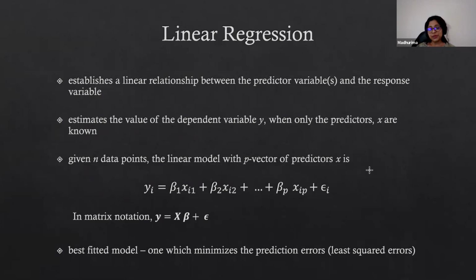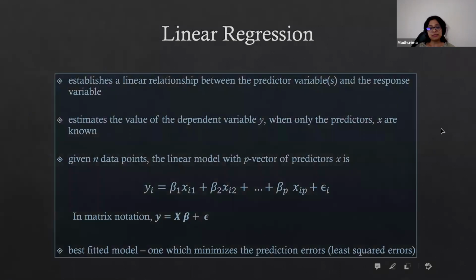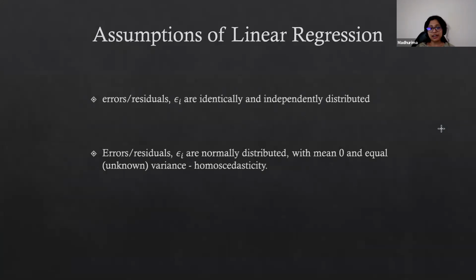So I'll go over to linear regression, the assumptions. And again, just reminding, please feel free to type any questions if you have in our chat. Now, there are two very important assumptions when we are doing linear regression. One is about the errors or the residuals that I talked about, that is the epsilons. We assume that they are identically and independently distributed.